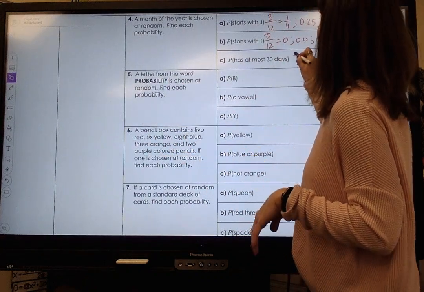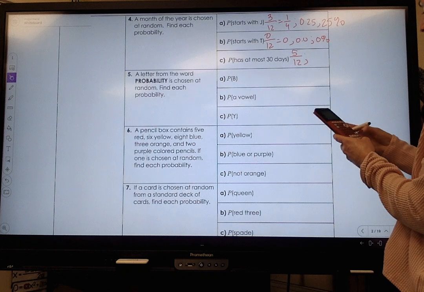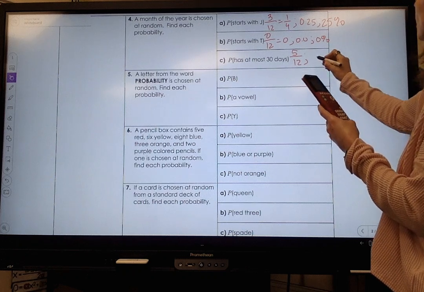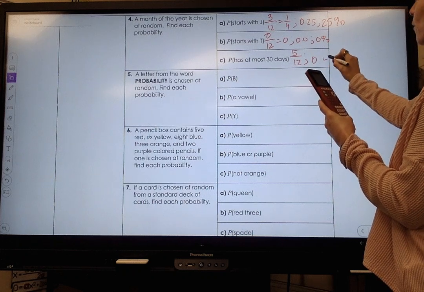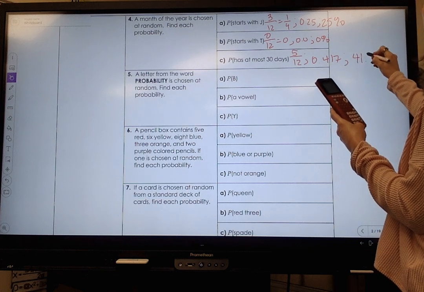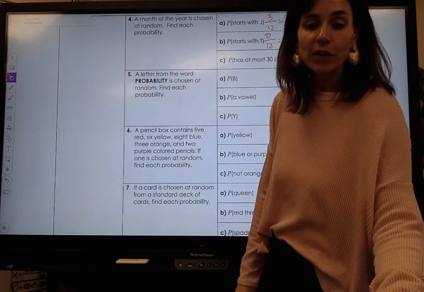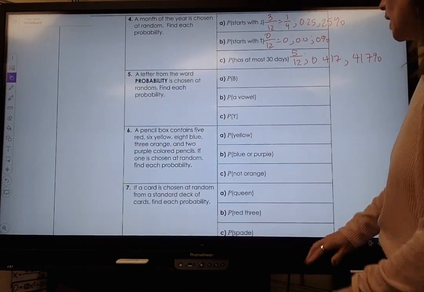Boy, that was a painful lesson. Out of 12. And so when I do 5 divided by 12, I get 0.417, and then I express it as a percent, and I get 41.7%. Okay, so that's how you're going to read those.